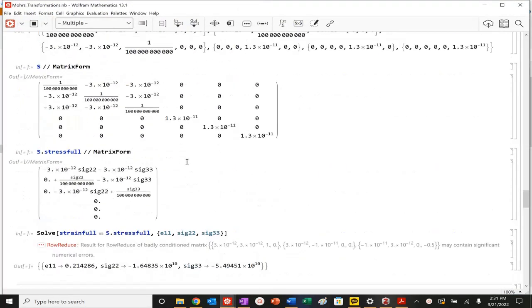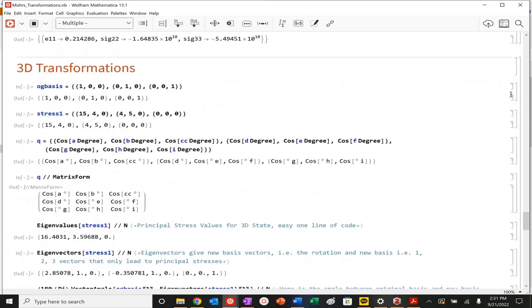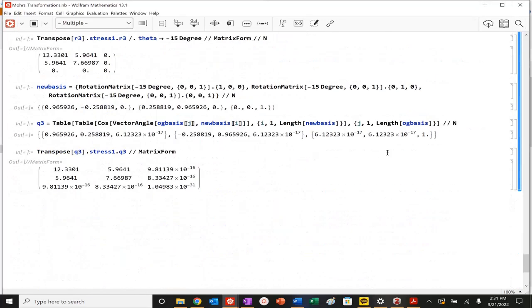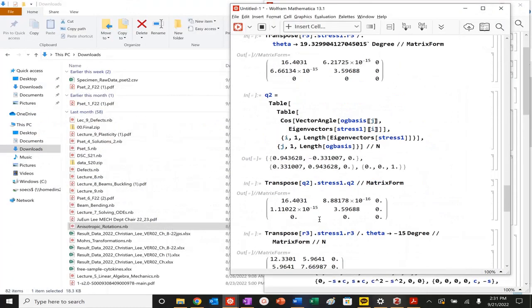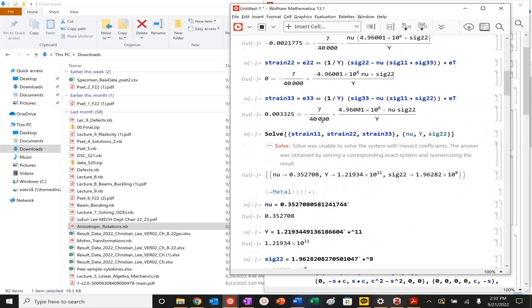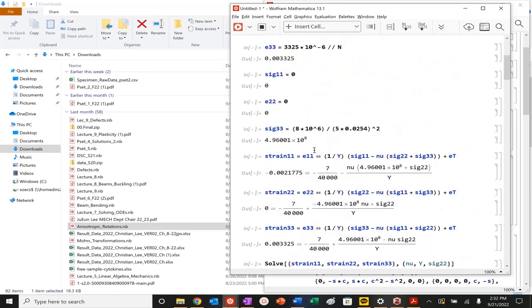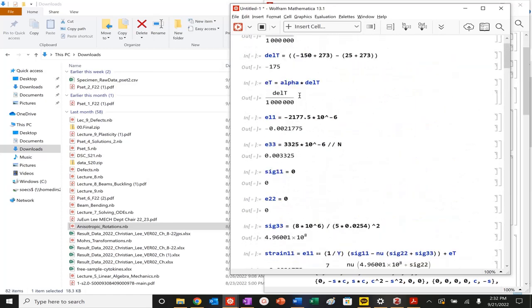I'm going to paste in some things that I think may be useful. When we start to go through solving some of these and using some of these functions, it's very important that we keep our wits about us. We need to be sure about what we're rotating into, what we're rotating out of, and whether our answers make some type of intuitive sense. Let's define our 3x3 tensor explicitly.